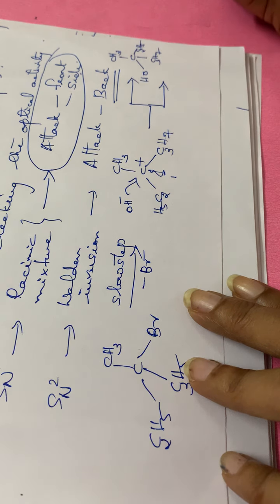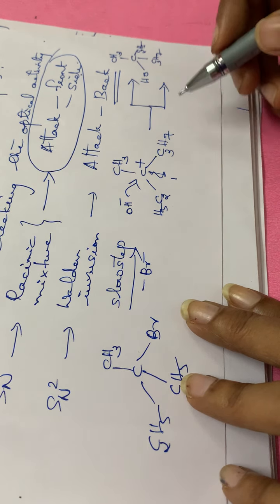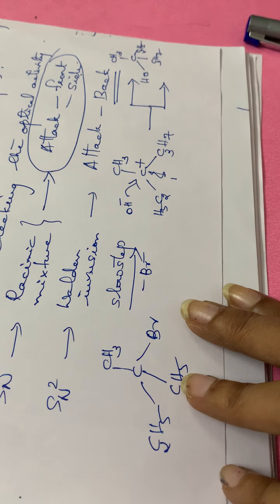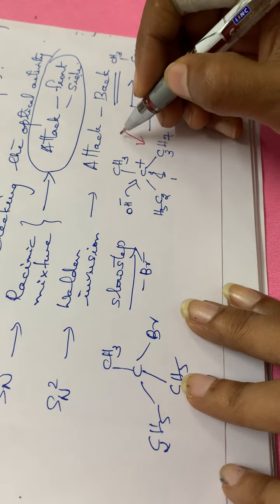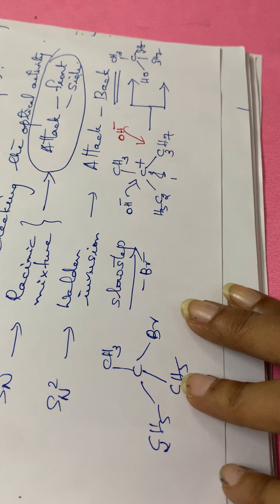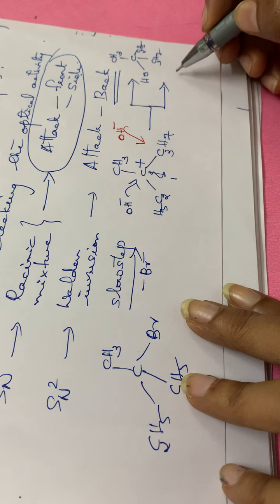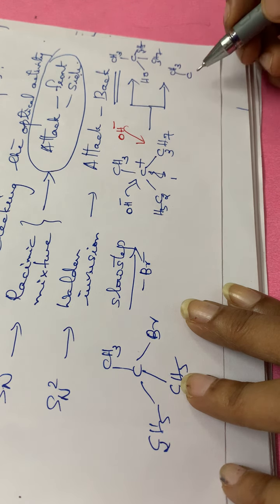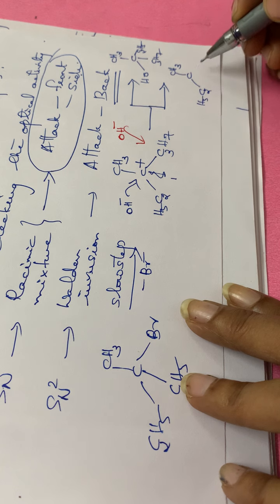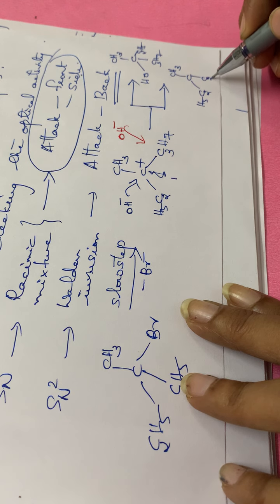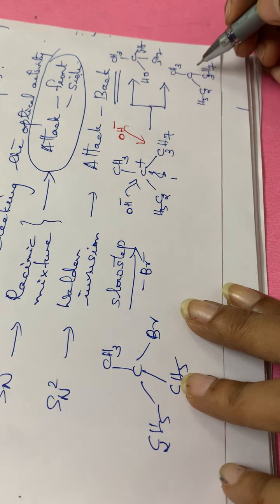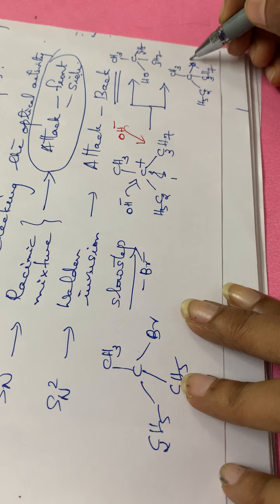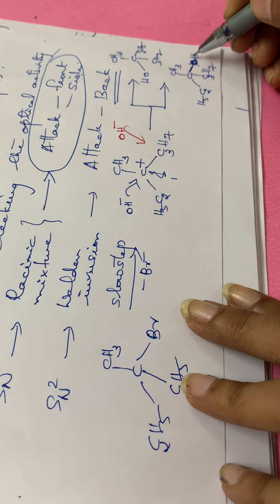Okay, so this is the inversion of configuration. Then the next is the attack of OH minus from the front side. The product will be like this: CH3, C, then retention of configuration, isn't it? C2H5, then C3H7, and since the OH minus attack is from the front side, here it becomes OH.